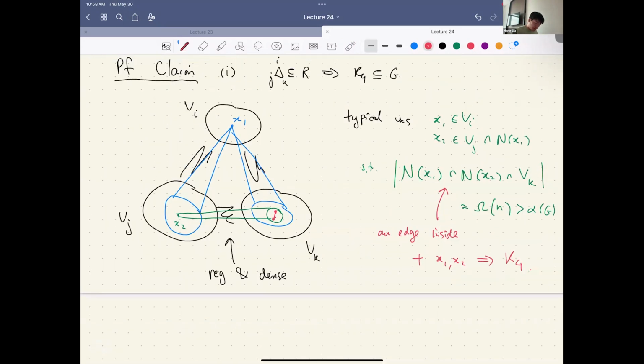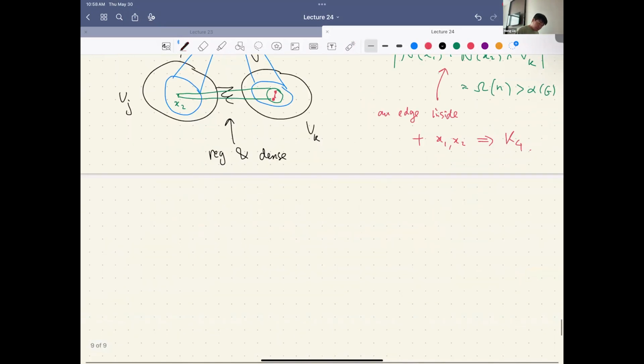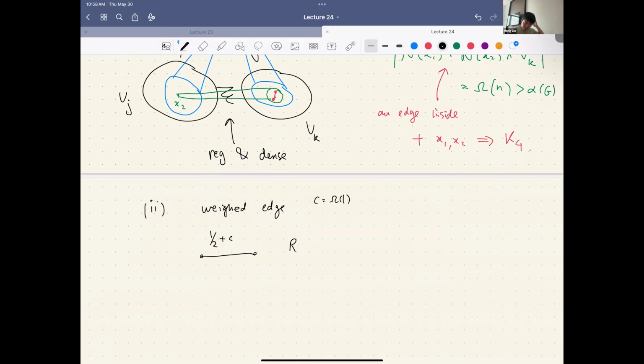Second part is very similar. Second part is, if you have a weighted edge in R of weight strictly bigger than 1/2 plus little o(1), so that means you have 1/2 plus some c, where c is a constant, right?